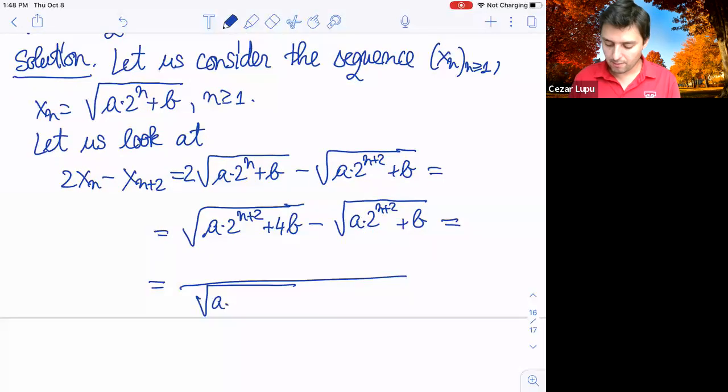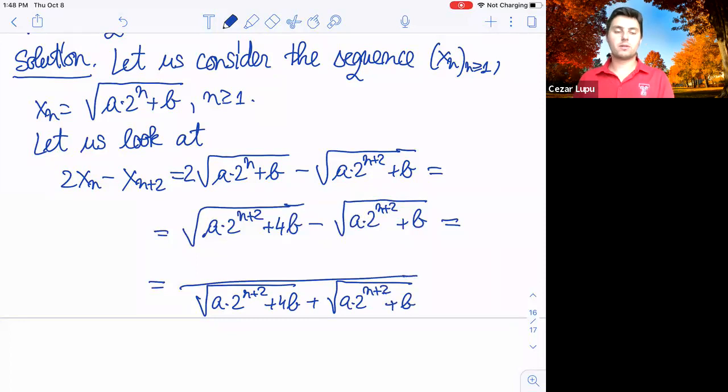On the bottom, I have the square root of A to the power 2n plus 2 plus 4B, plus the square root of A to the power 2n plus 2 plus B. And on the top, when you apply the conjugate, the A to the power 2n plus 2 terms vanish. So it will be 4B minus B, which will be 3B.